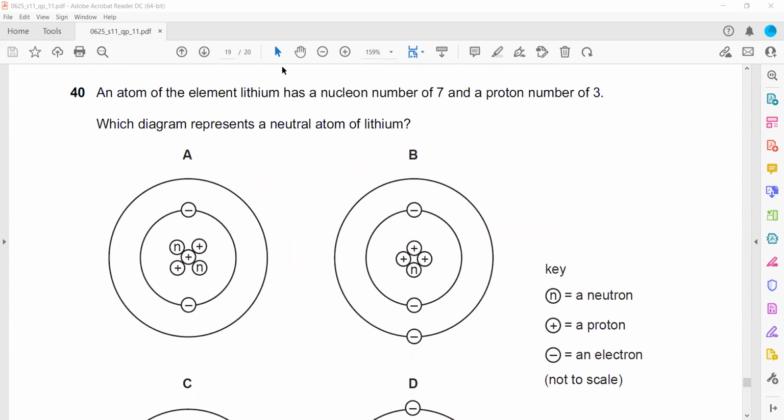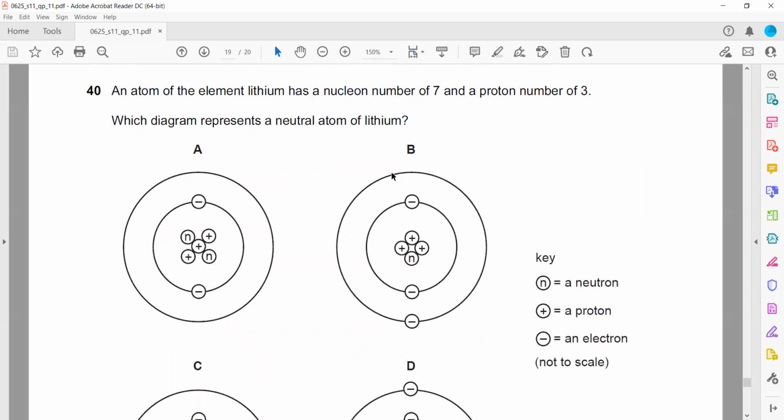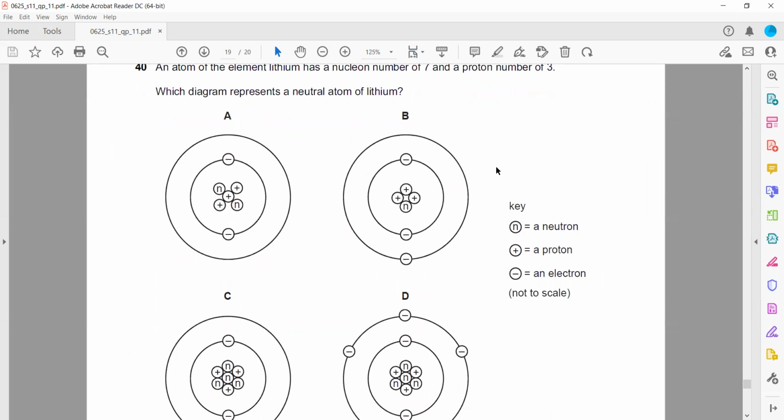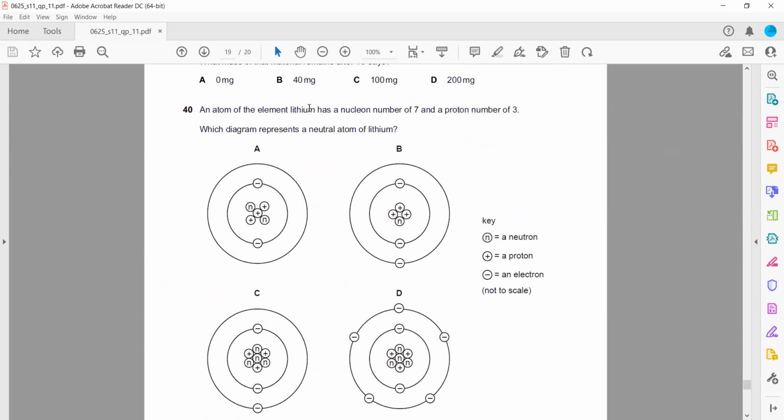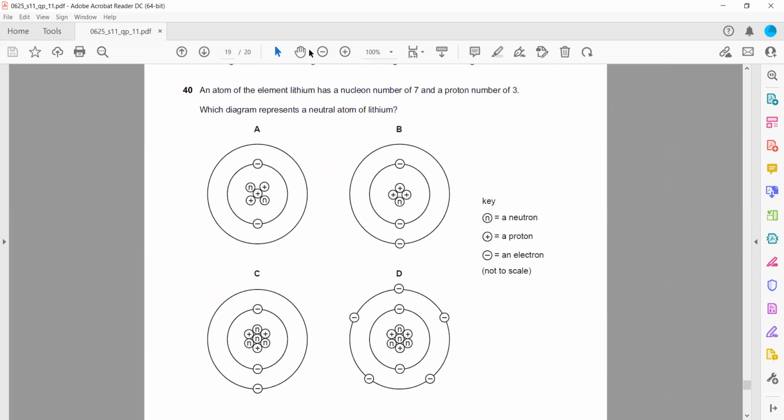And in question 40, an atom of the element lithium has a nucleon number 7, proton number 3. Which diagram represents a neutral atom of lithium? First, the nucleon number is 7, so how many neutrons are there? 7 minus 3 equals 4 neutrons.